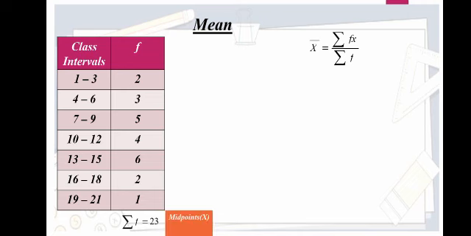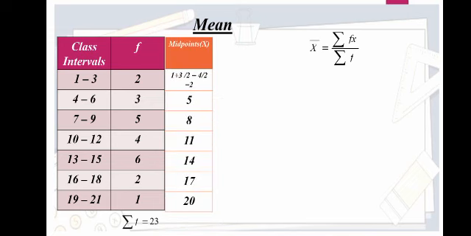Now x is the midpoint, so calculating the midpoint, 1 plus 3 divided by 2 is 4 by 2, equals 2. Now add the interval of the classes to get the next midpoints. The interval was 3, 4 minus 1 is 3. So 2 plus 3 is 5, 5 plus 3 is 8, 8 plus 3 is 11, 11 plus 3 is 14, 14 plus 3 is 17, and 17 plus 3 is 20.